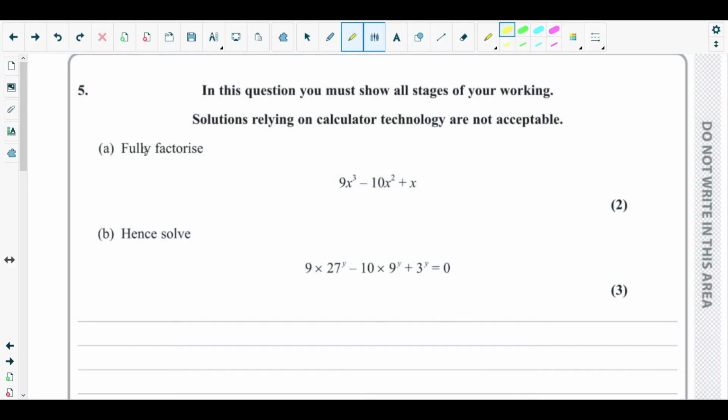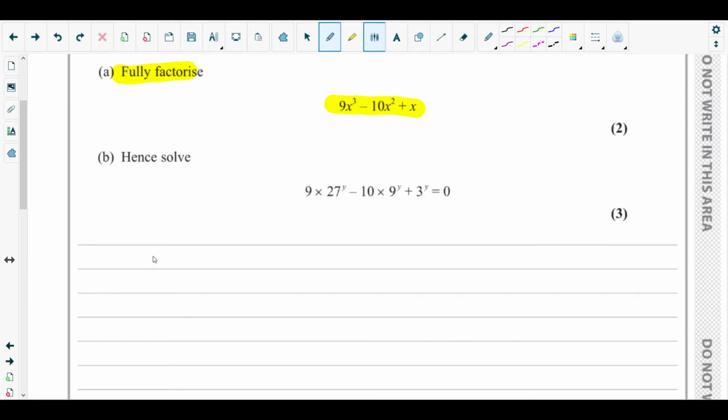Here in part A they are asking to factorize fully 9x cubed minus 10x squared plus x. We need to factorize this cubic expression. Factorize means we need to represent it in the form of a product of factors. At first, we can take x common.